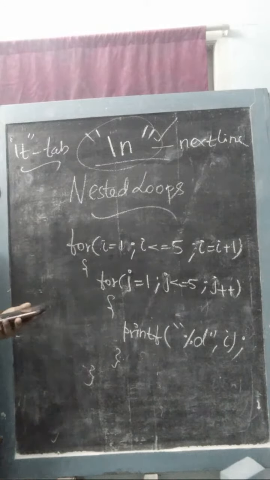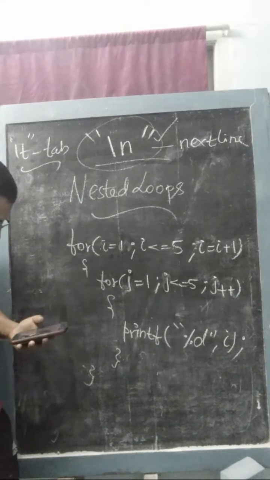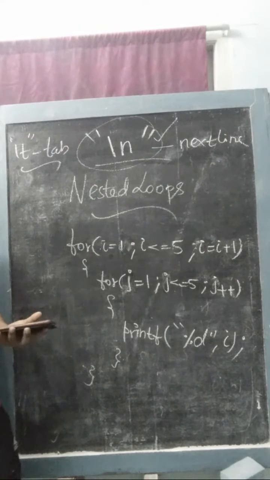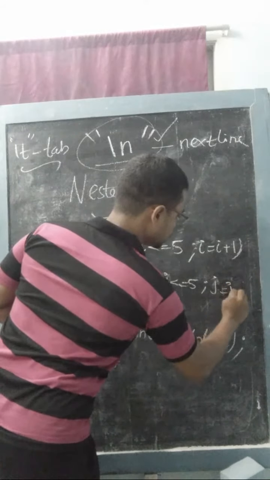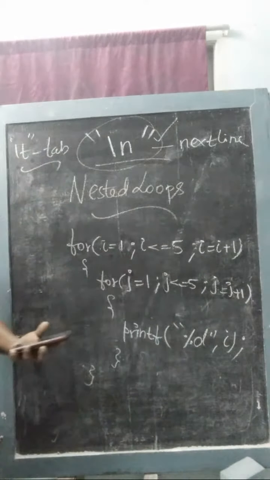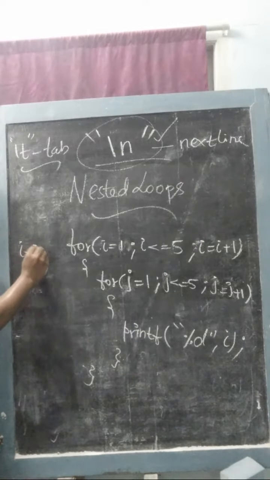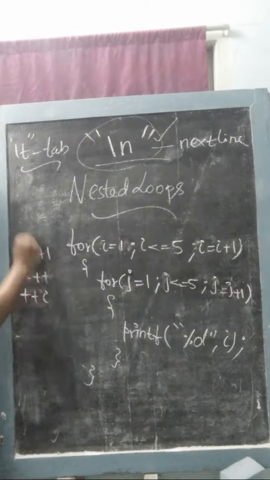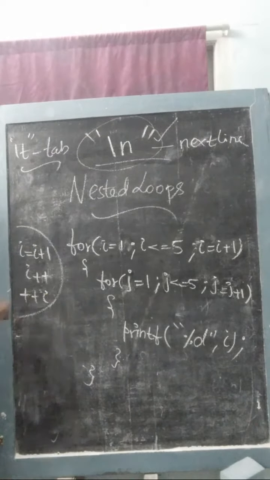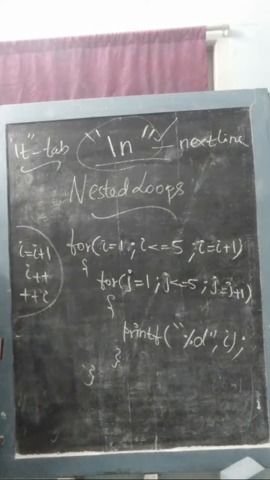Sir, why don't we use i plus plus instead of i plus 1? That's a good question, Fazil. We can use i plus plus. Both are equal only. As I already told you, i is equal to i plus 1, i plus plus, or plus plus i, all three are the same. All three statements mean the value of i will be incremented by 1. The value of i may be anything.